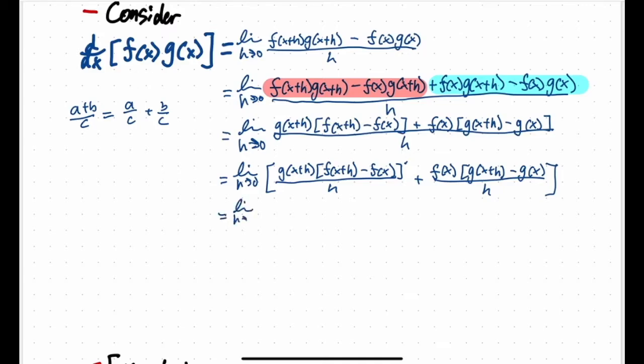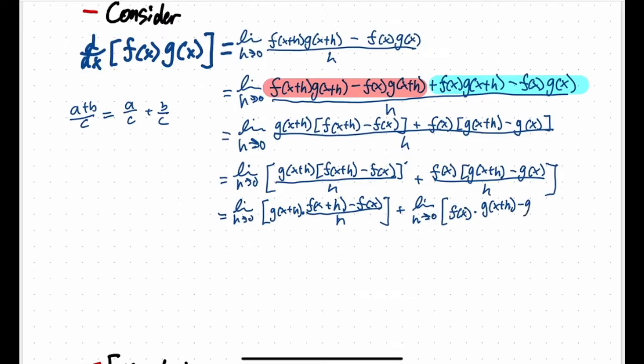So this is the limit as h approaches 0 of g at x plus h times f of x plus h minus f of x over h plus the limit as h approaches 0 of f at x times g at x plus h minus g of x all over h.